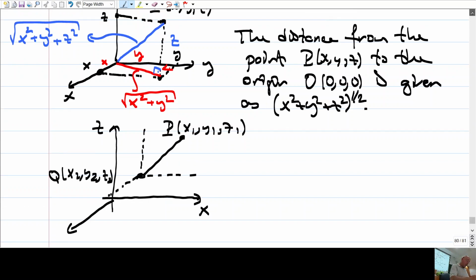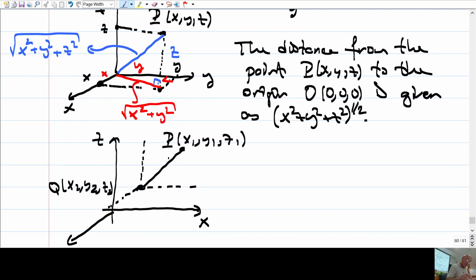Then I can draw the same picture. I take the projection like this, and here I draw these lines. So this distance will be y1 minus y2, this distance will be x1 minus x2, and similarly this distance will be z1 minus z2.